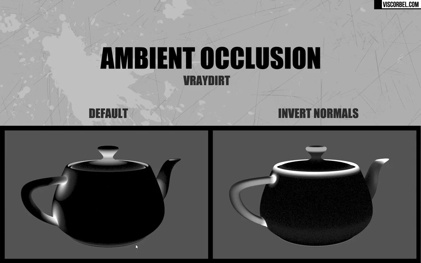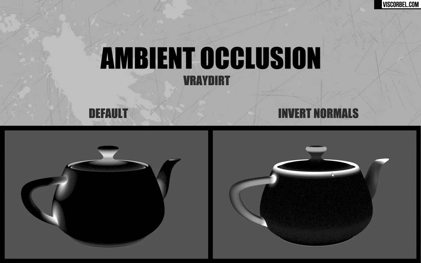So the first one is ambient occlusion, or V-Ray dirt. So basically, with the default settings, with the exception of swapping the colors around, you get the occlusion effect in the occluded areas that are basically inner edges that do not get as much light as the rest of the object.